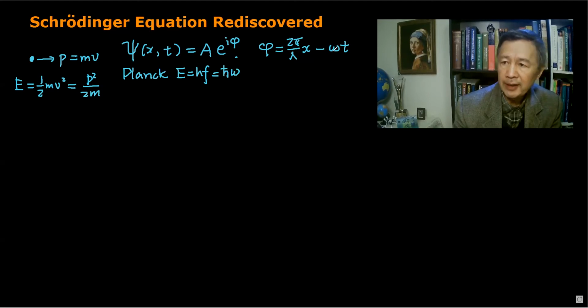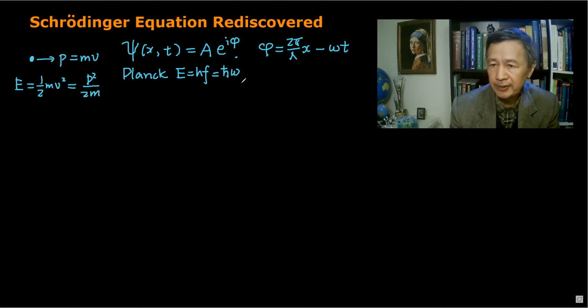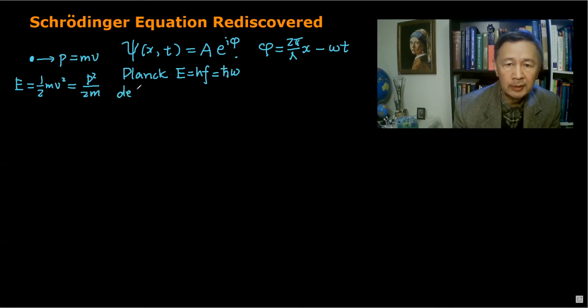The two omegas here are the same, the angular frequency, where h bar is simply h divided by 2 pi. The second important formula in quantum mechanics is due to de Broglie. That is momentum p equal to h divided by lambda.